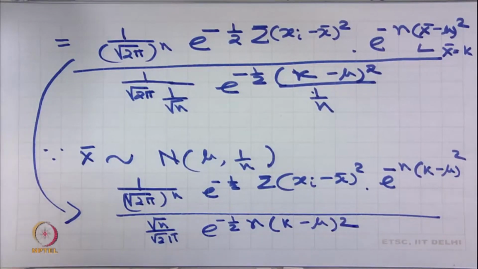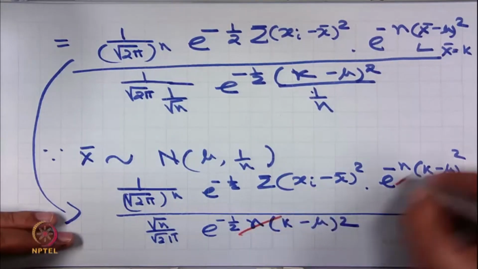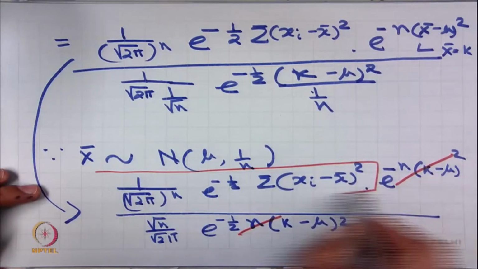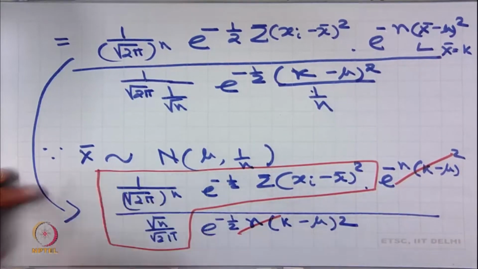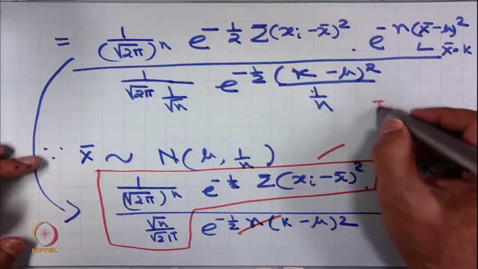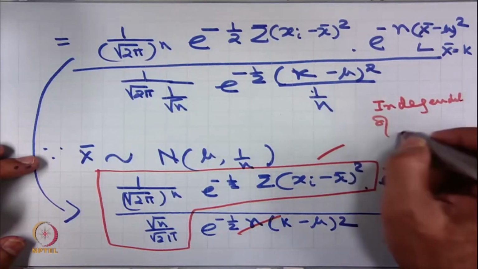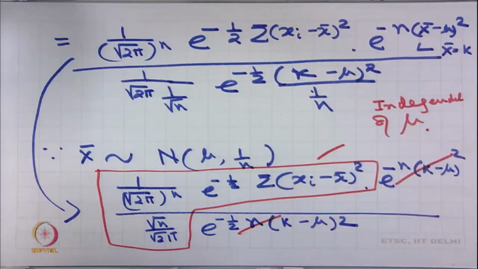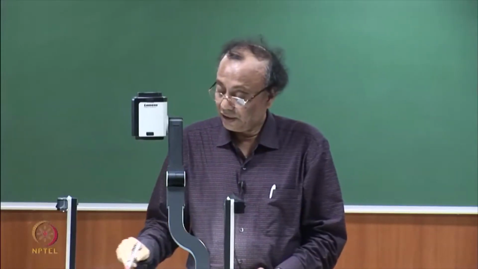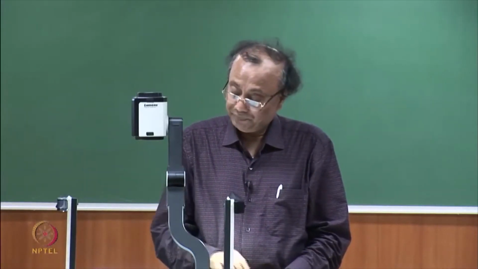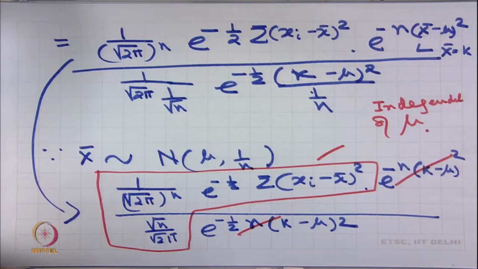So, now you can see that this cancels with this, and whatever remains is independent of mu, as the term mu does not occur here. Therefore, we can say that x bar is sufficient for estimating mu.